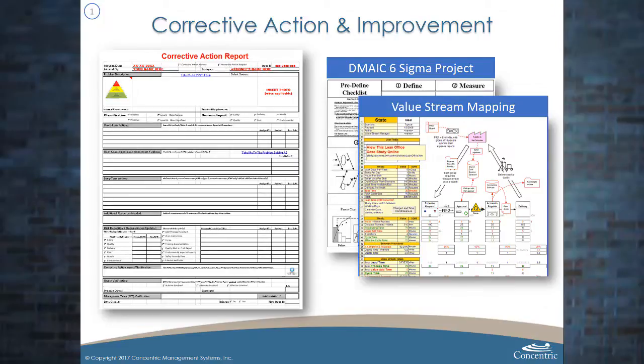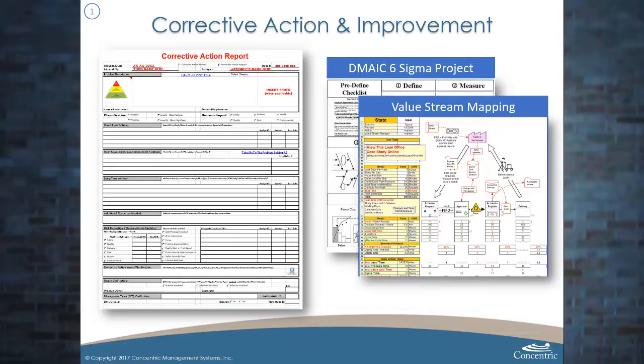So that's your traditional corrective action report, although I would say our version is the best that I've seen outside of expensive software. If you're interested in the corrective action report, along with any of the other tools, you can check those out on our website as well to see the actual templates.